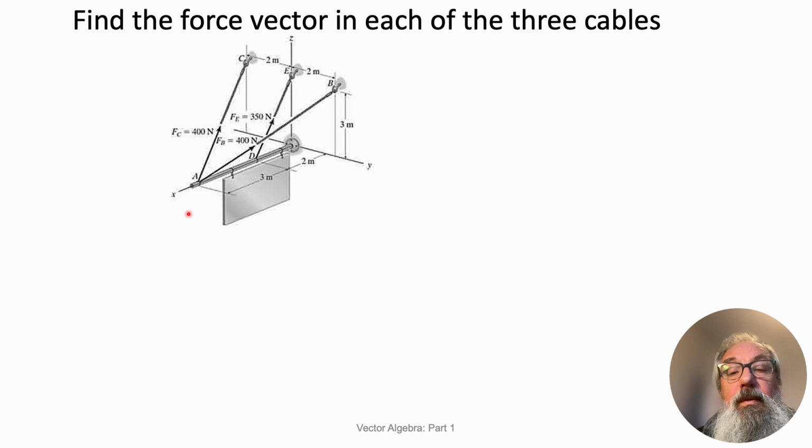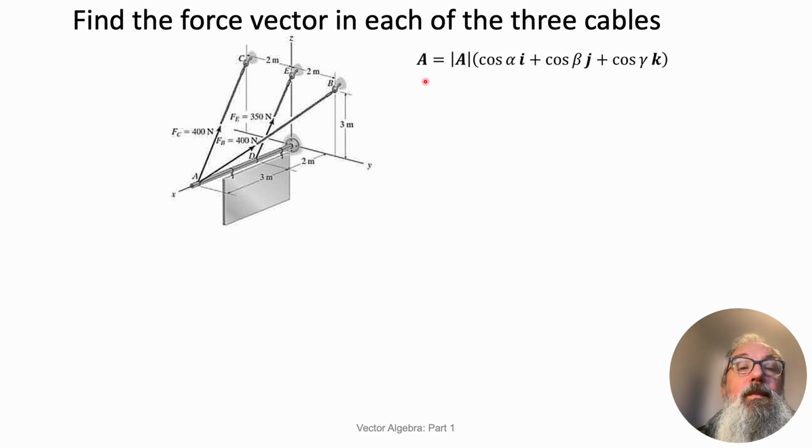That's one thing we can get. So the general equation for a vector, given some direction in terms of direction cosines and the unit vectors, is this, and we can work out these direction cosines from the geometry here, and that can be written like this.